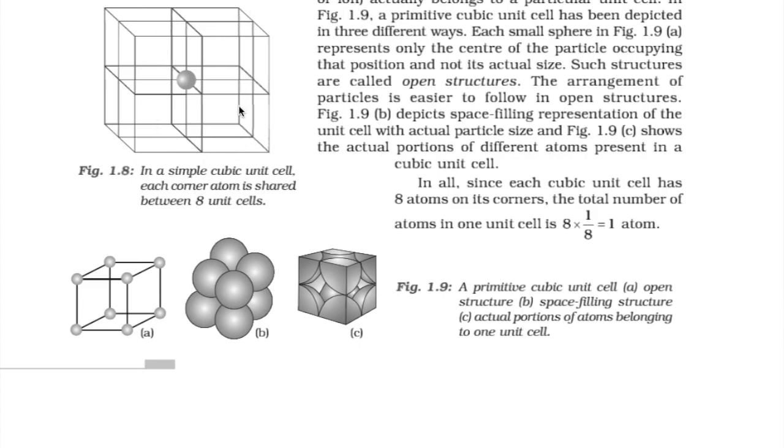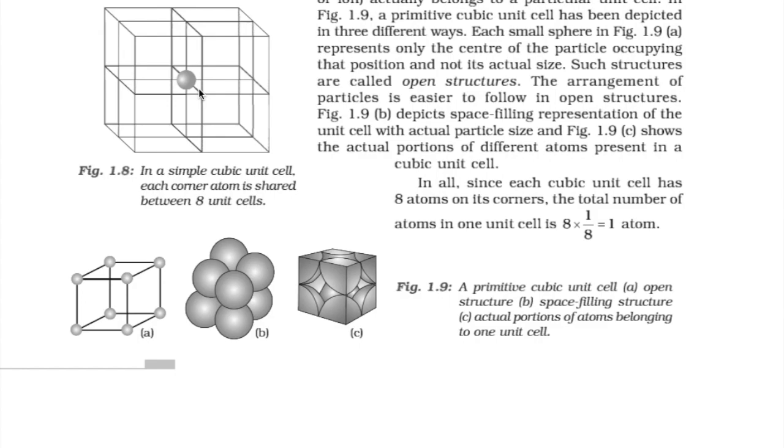You can very clearly see in this diagram that this particle, which is present at the corner of a unit cell, is surrounded by 8 unit cells: 1, 2, 3, 4, 5, 6, 7, 8.